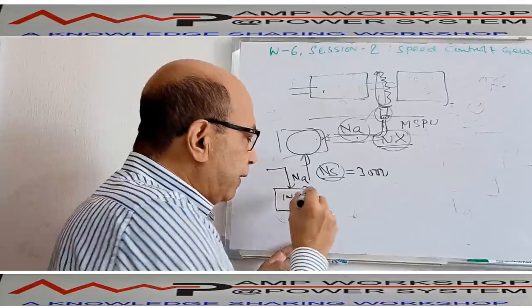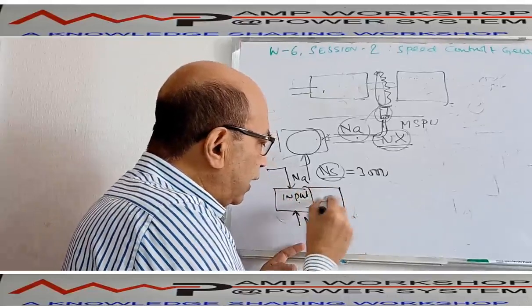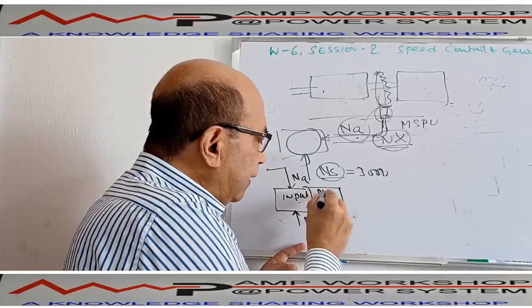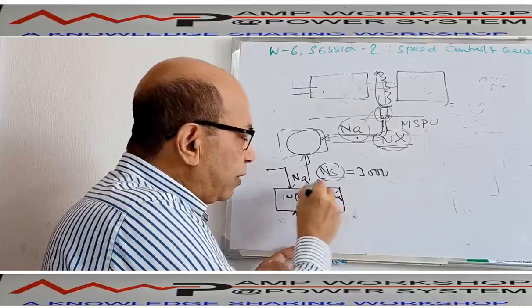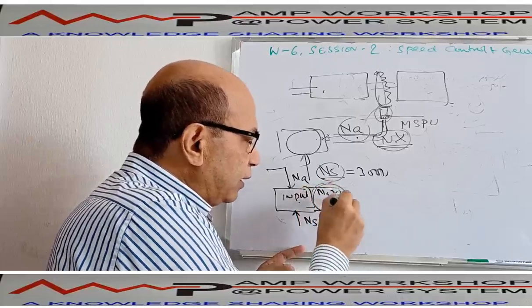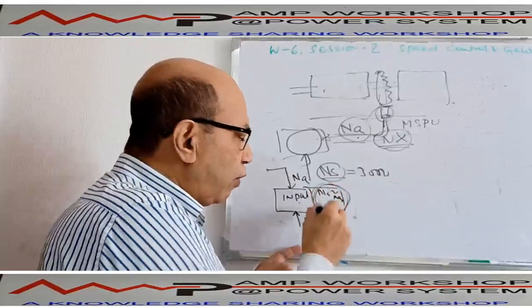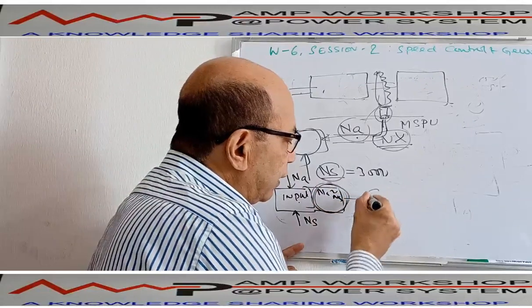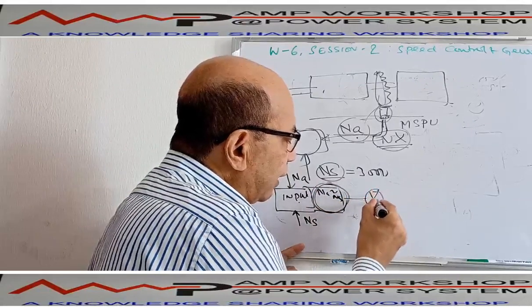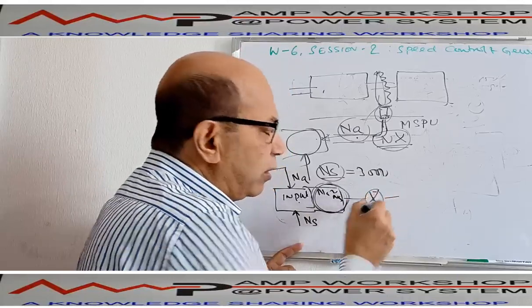Then these two signals come to the difference NA minus NS. There is a processor here, or you can say a comparator. It will compare these two signals and create an error signal, positive or negative.